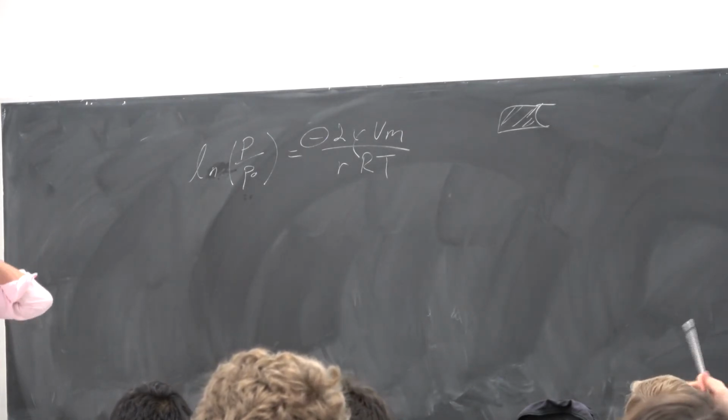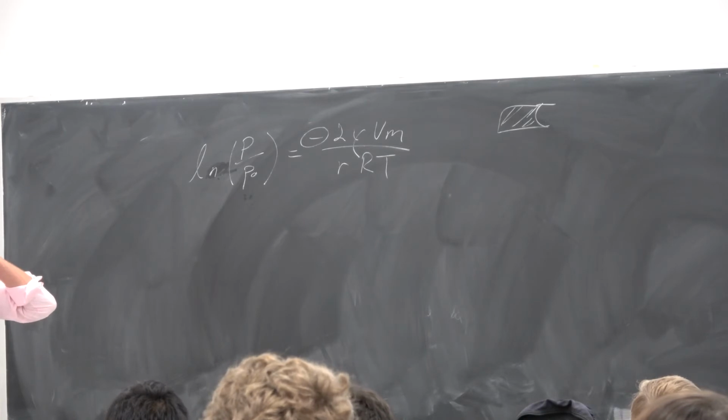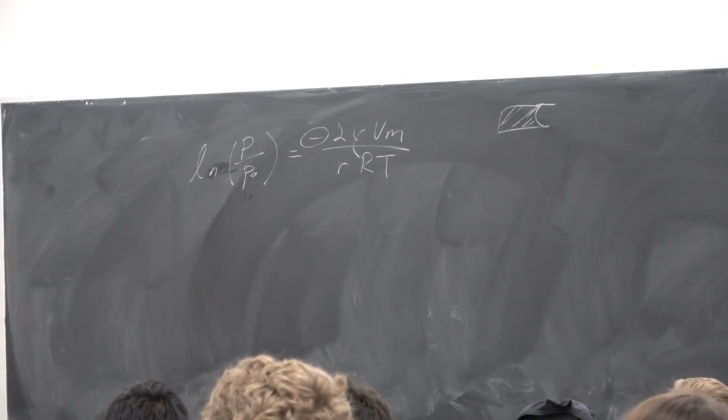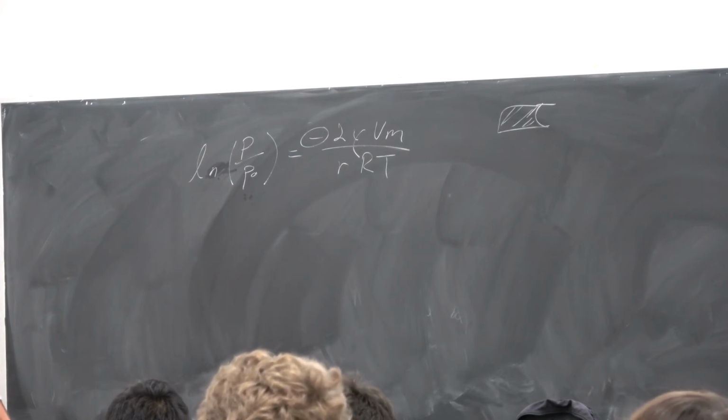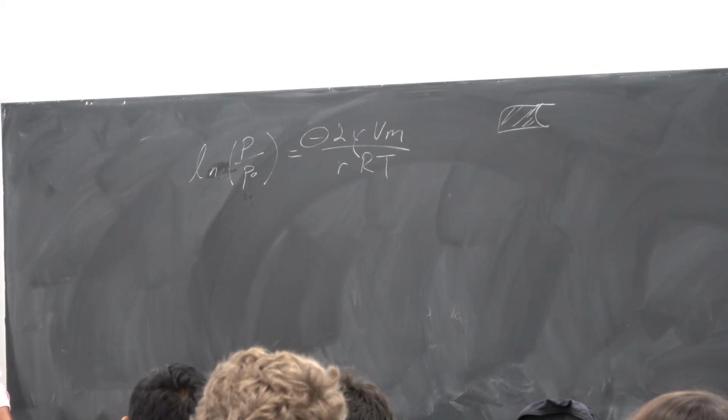Yes? Previously, when we switched to a pore-like system, with one radius of curvature, we changed our delta P expression. So wouldn't that change the 2 gamma over R expression you use here? That's a good question. The 2 was the main thing that changed; we lost that 2.